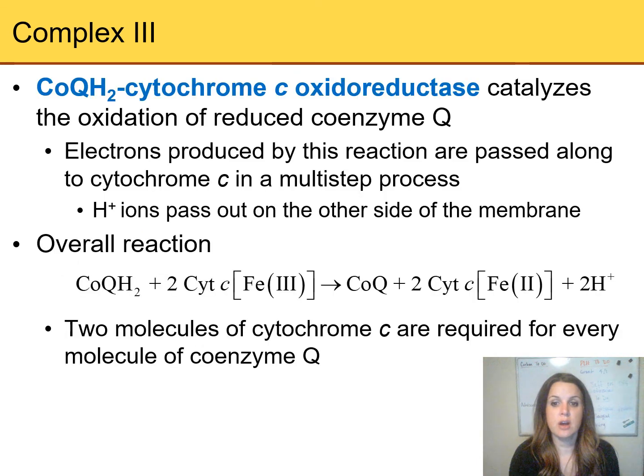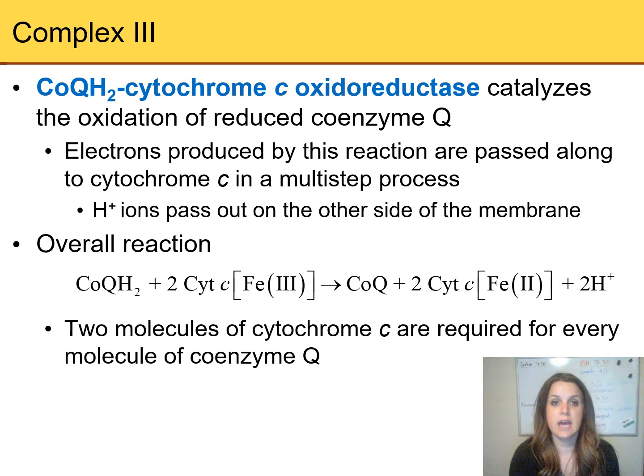So when we talked about complex 1 and complex 2, you'll notice that they both reduced coenzyme Q. But now that coenzyme Q is reduced, we need something that's going to oxidize it, and that would be complex 3. So complex 3 is called coenzyme Q cytochrome C oxidase.